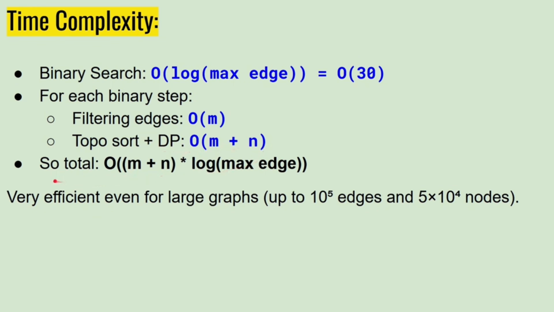So the total is O((m plus n) times log max edge). It is very efficient for large input, because we are given up to 10 to the power 5 edges, and nodes can be 5 times 10 to the power 4. So in this case of a larger graph, it is very efficient.